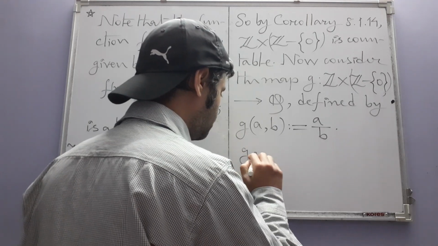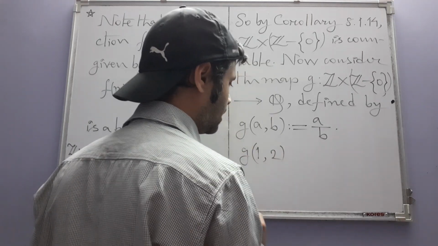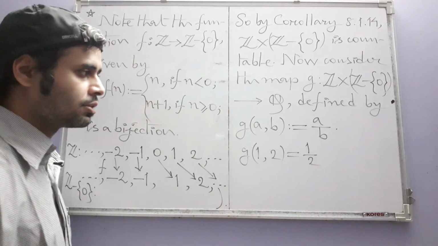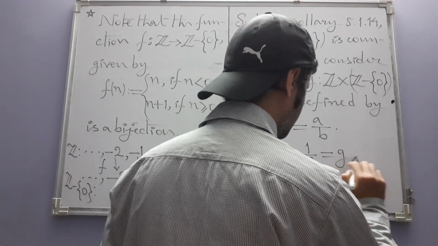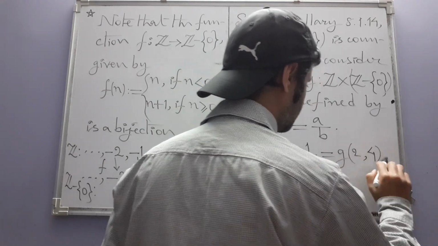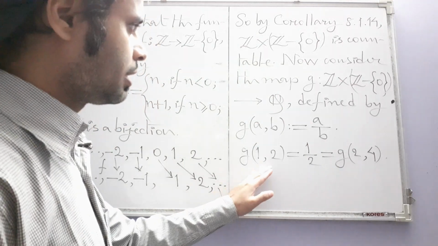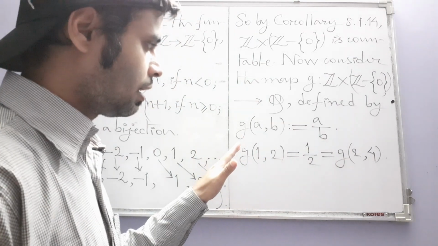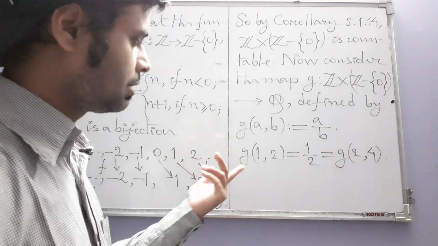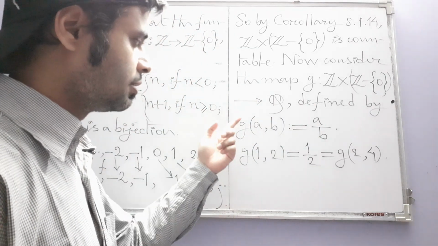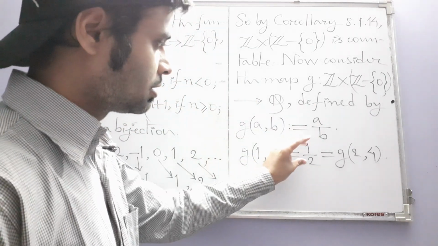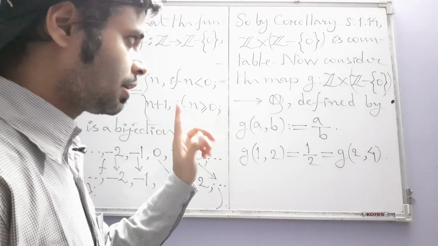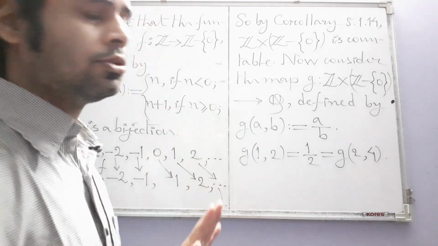For example, g of (1, 2) is going to be the rational number 1 over 2, but that is also equal to g of (2, 4). Now, as ordered pairs or as elements in this Cartesian product, these two ordered pairs are actually not equal. They are of course different. Their first coordinates are different, their second coordinates are different, but the images are the same, there is only one image under g. So the function is not one-to-one, and we don't need it to be one-to-one.